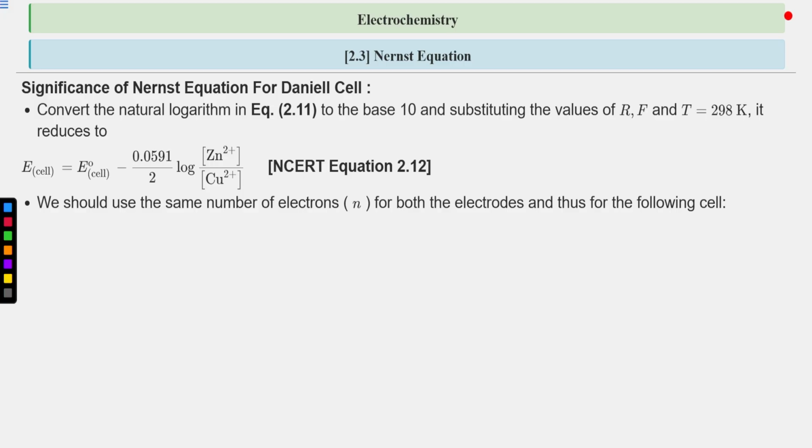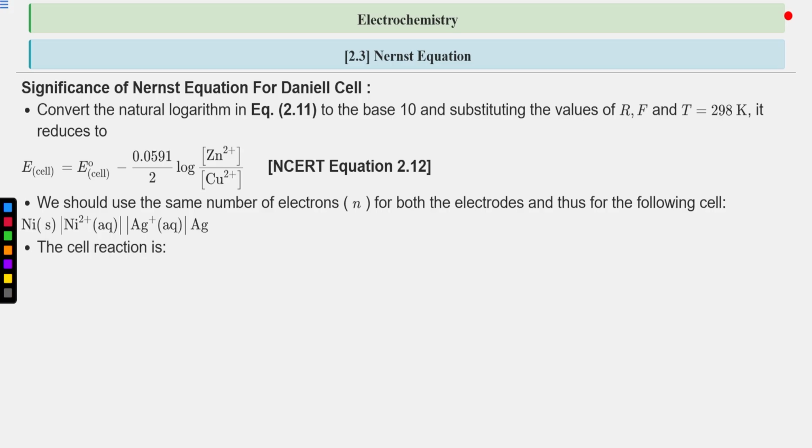We should use the same number of electrons, that is n, for both the electrodes, and thus for the following cell. This is the cell of nickel and silver: nickel to nickel 2 plus, salt bridge, Ag plus to Ag.